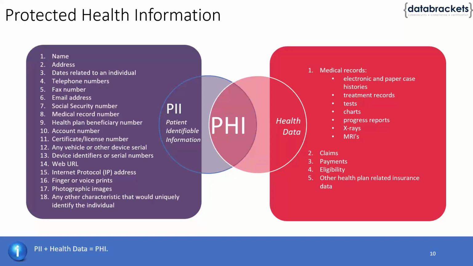Anytime this information is combined with that individual's medical records, claim detail, payment, or whatever information is on the right side of your screen, you can identify somebody with a specific condition or specific details about their treatments. Then it becomes PHI.